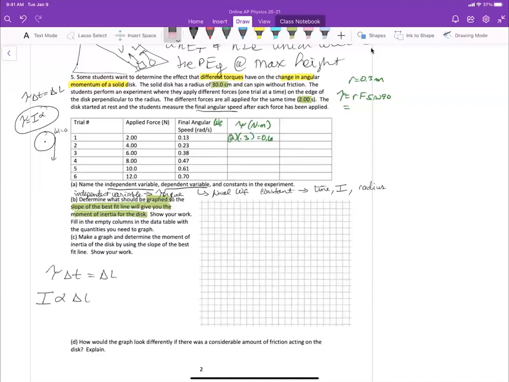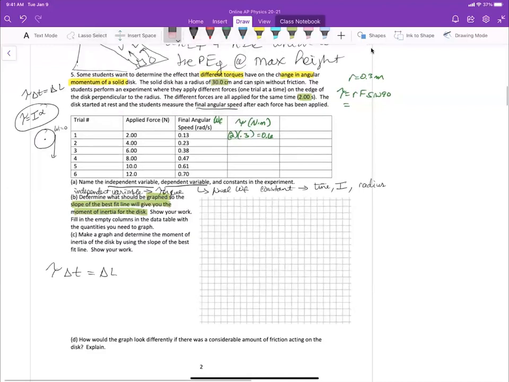Hold on one second, let me think. I could do this more than one way. Change in angular momentum is equal to the angular momentum final minus angular momentum initial. Angular momentum initial was 0, and angular momentum final was I times my final angular velocity.